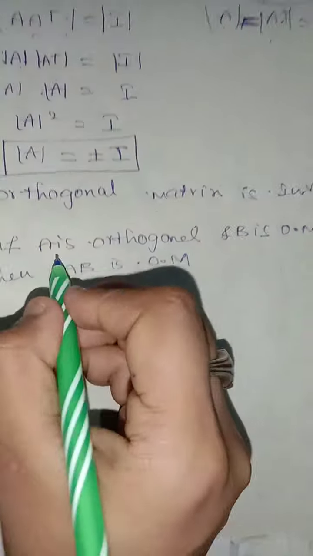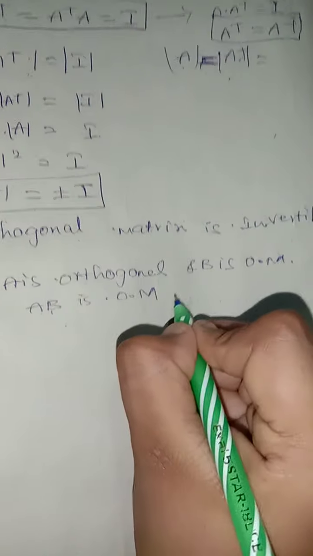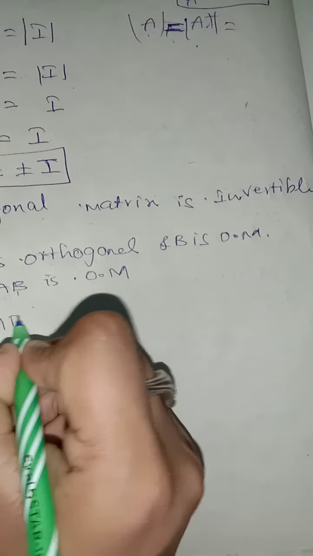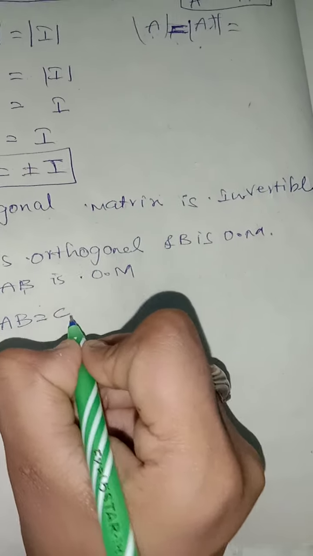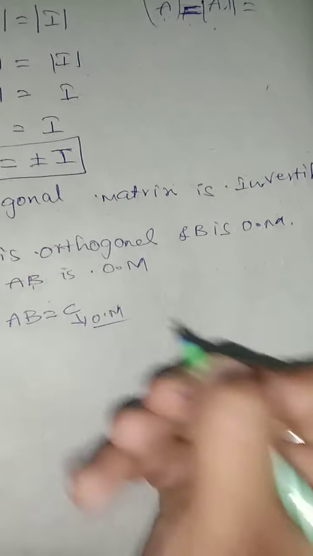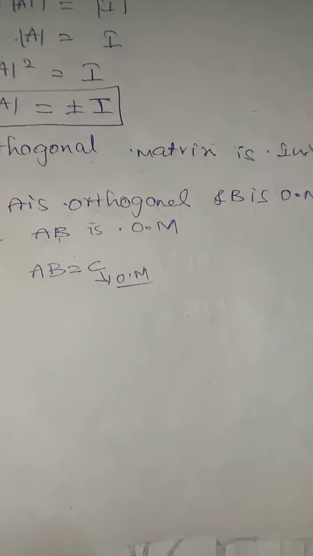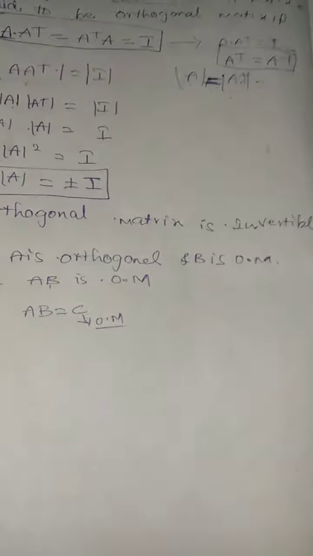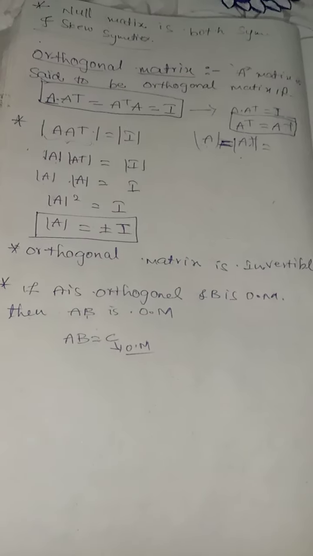This is also one of the important properties. So if A is orthogonal and B is orthogonal, just assume that the resultant AB is matrix C. Then C is also an orthogonal matrix. So you should all note these properties, very important for MSET also.